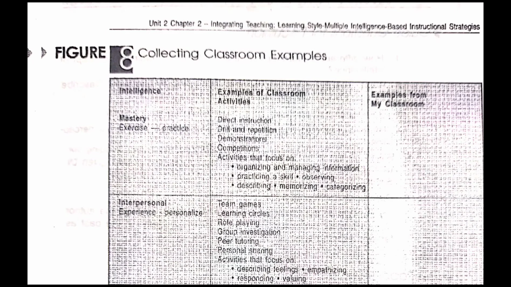For the interpersonal or personalized experience style, examples of classroom activities are team games, learning circles, role-playing, group investigation, pair tutoring, personal sharing, activities that focus on describing feelings, empathizing, responding, valuing.